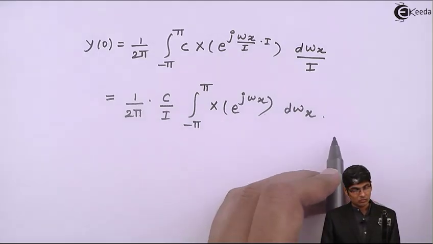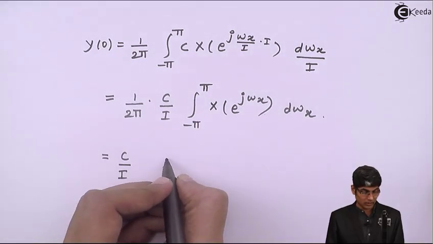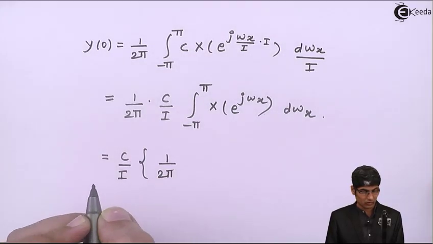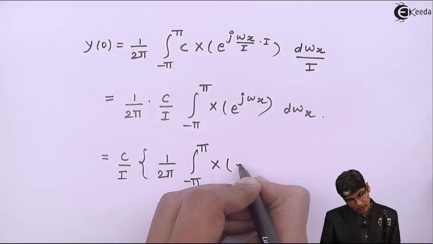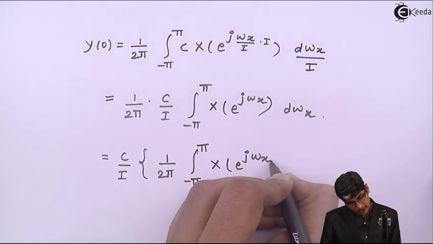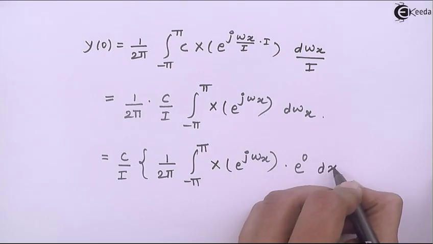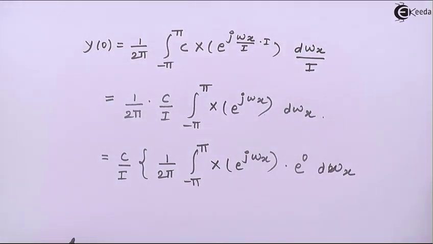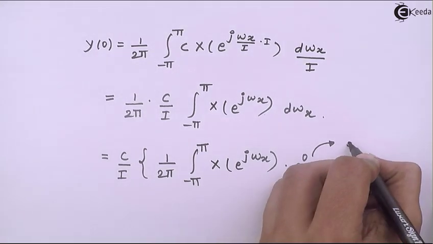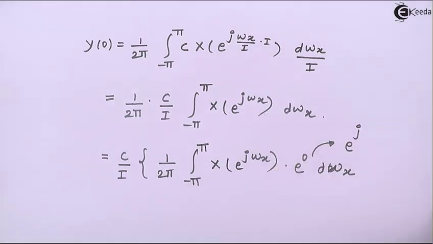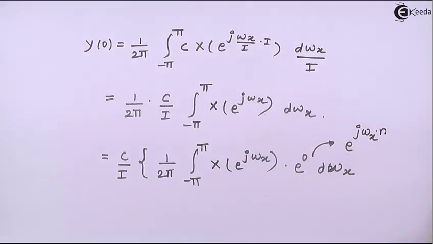right? So if I put c over I in this place and I put 1 over 2 pi integral minus pi to pi, I'll write it very differently now, e raised to j omega x into, I can write it like this because there's nothing, e raised to 0 d omega x, and this e raised to 0 I can relate it like this, e raised to j omega x into n.